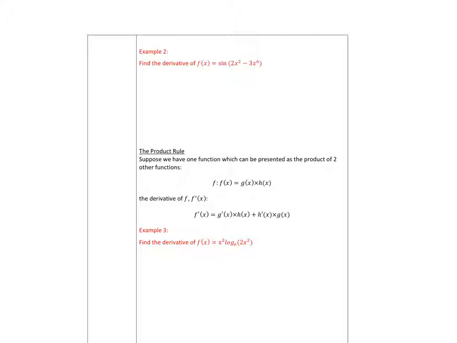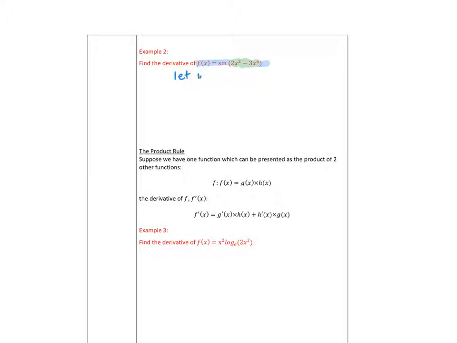So an example of the chain rule here is we're being asked to find the derivative of f of x, given that f of x is sine of 2x squared minus 3x to the 6. So we can imagine our nesting function here, our h of x, or our u, being 2x squared minus 3x to the 6. So we do this with a simple substitution.